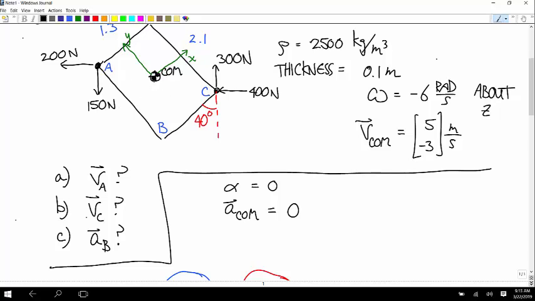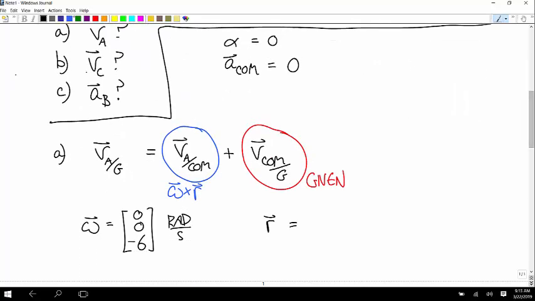So from the center of mass, we're going to go in the negative x direction, 0.65. And then we're going to go in the positive y direction, 1.05. Negative 0.65, positive 1.05, 0 for z.